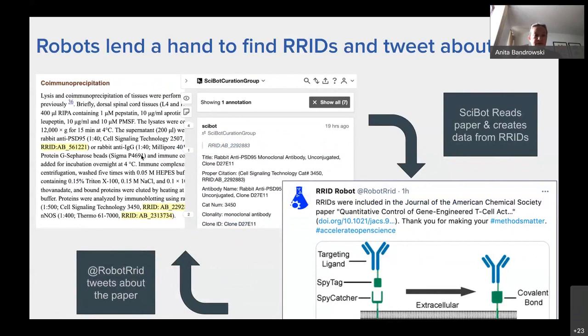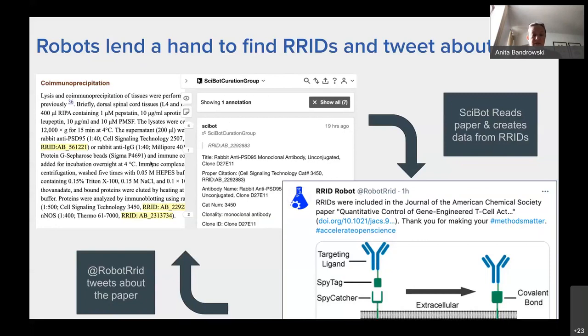So this is an example of a paper that has a couple of antibodies listed using the RRID. These RRIDs are actually read by a little robot called SciBot. And the information from the database is actually pulled here to the side of the article. Then the curator can decide whether that is the right antibody and can validate that.